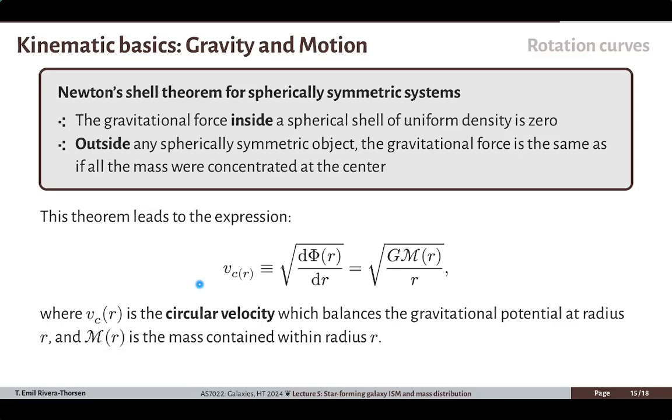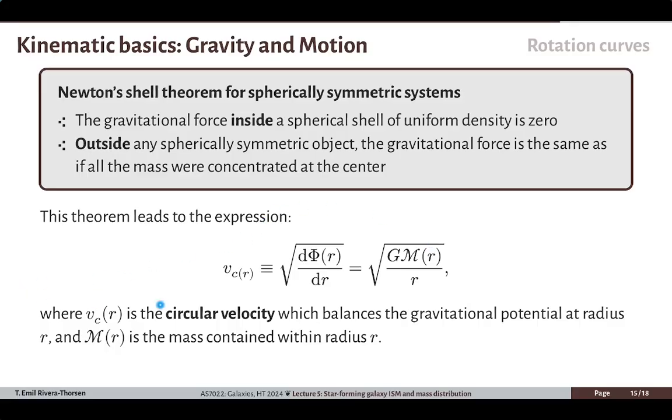This theorem leads to this expression here, which states that the circular velocity at radius r is given as this function here, depending on the gravitational constant, the distance r, and the mass enclosed within this distance r.